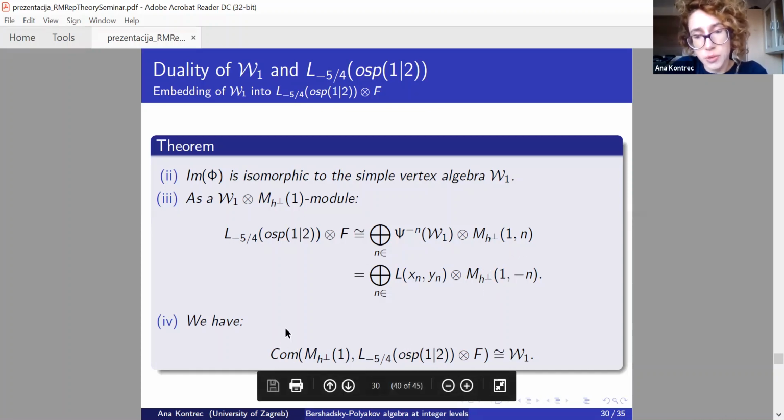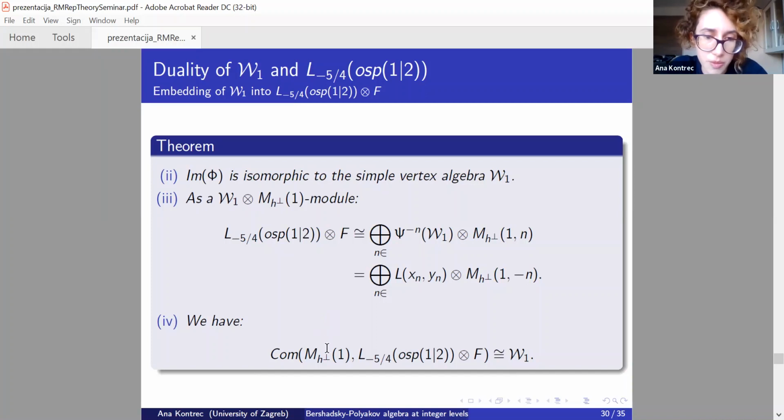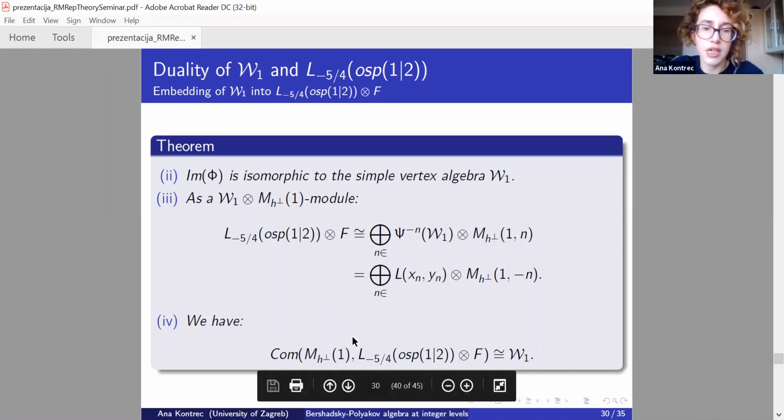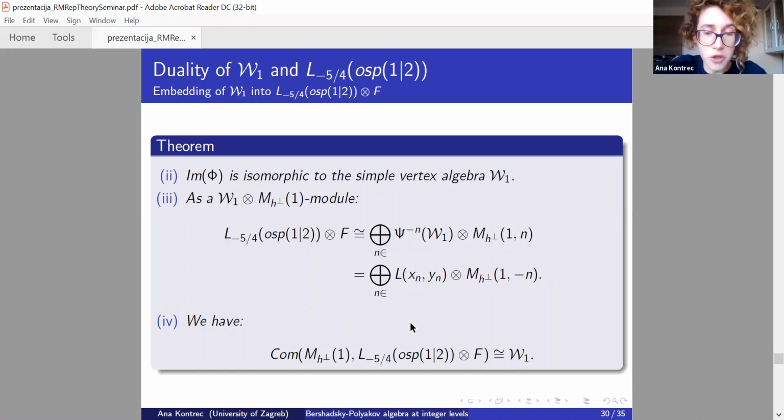And then we conclude that W1 is isomorphic to the commutant of the Heisenberg vertex subalgebra of L minus 5/4 of OSP(1,2) tensor the Clifford vertex algebra.